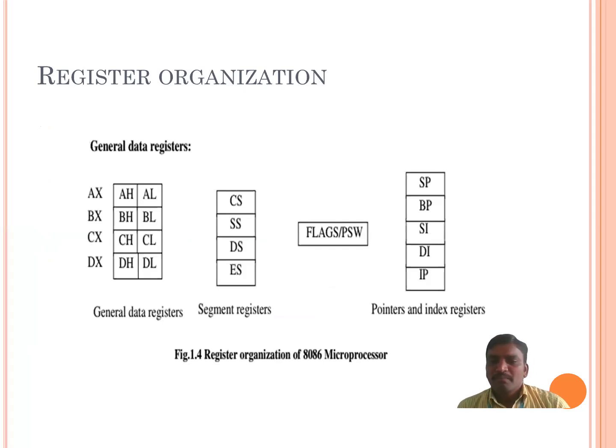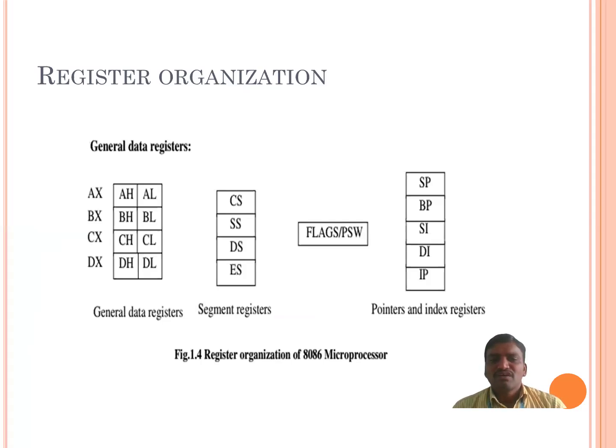So here the general purpose registers are nothing but AX, BX, CX and DX. These four are the general purpose registers. And the segment registers are the code segment register, stack segment register, data segment register and extra segment register.